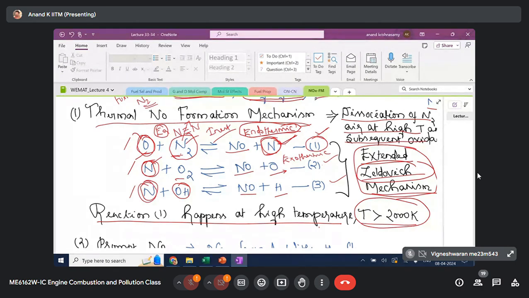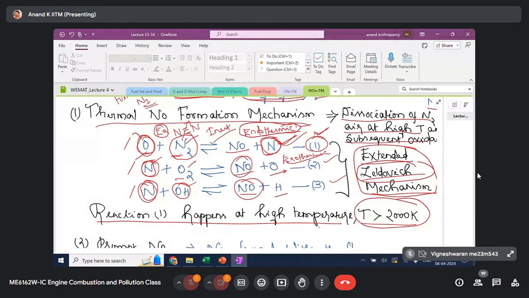It oxidizes with the oxygen molecule as well as with the OH radical, forming further NO. Reactions 2 and 3 are exothermic and take place very quickly. Once this N radical is available, these exothermic reactions take place quickly. So that's why we say that reaction 1 is the rate controlling reaction.